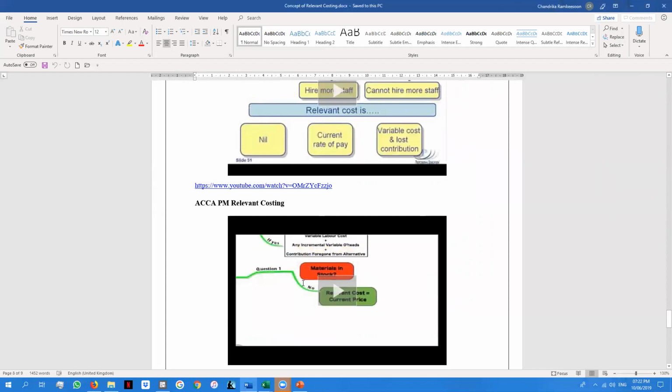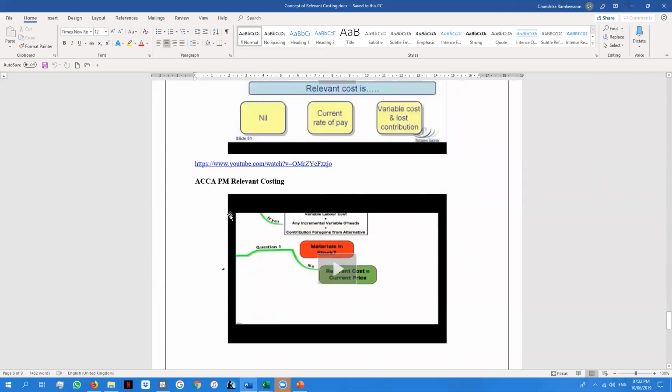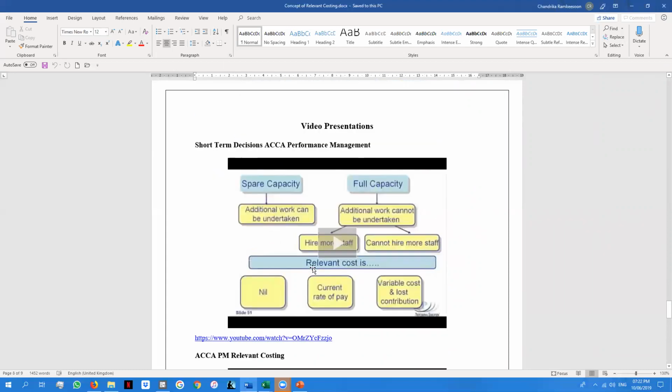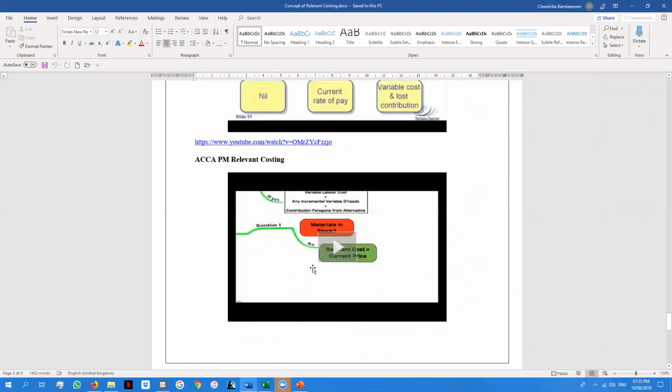I would suggest that you view the second one first. This second handout on relevant costing, you should probably view it first, followed by the other one. After we've gone through this handout, you should be able to follow both, but at this point, this is the more basic handout.